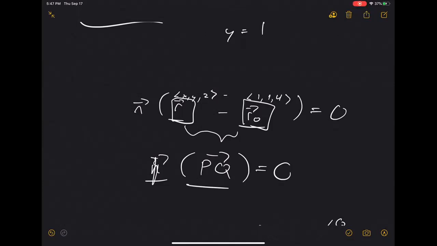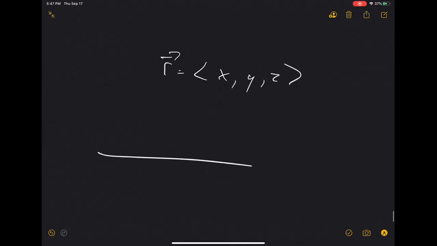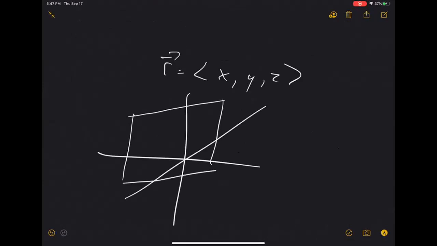No. Let's see. No, because if R is the vector X, Y, Z. Okay, so let's say that's our plane. And let's say R is the vector whose endpoint is on the plane.